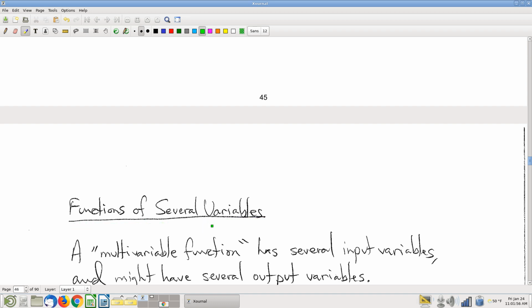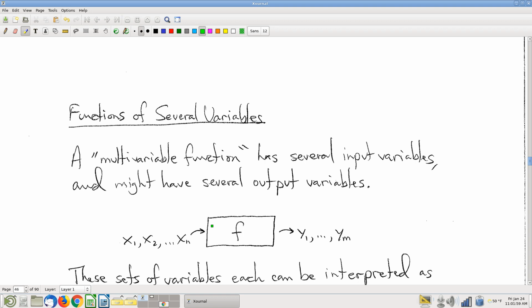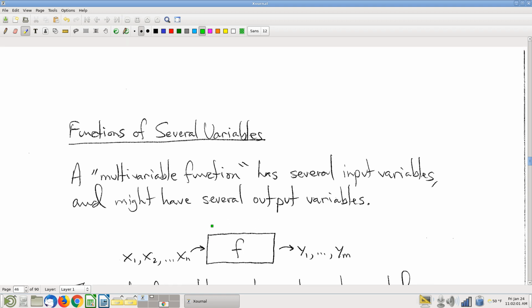Functions of several variables. Now, I know you all have seen functions before. I just want to point out what a multivariable function is. A single variable function, as you may have seen before, is a box, and something goes in and something comes out. A multivariable function is a generalization of that. In a single variable calculus class, there's usually one number that goes in and one number that comes out.